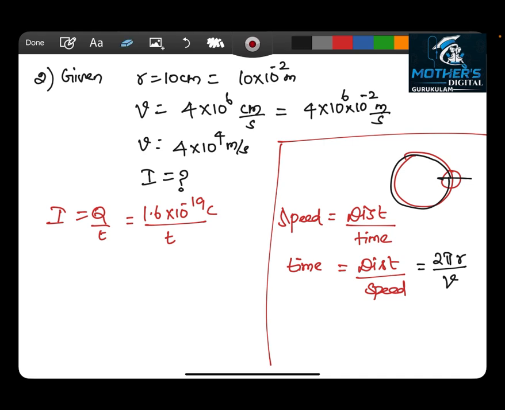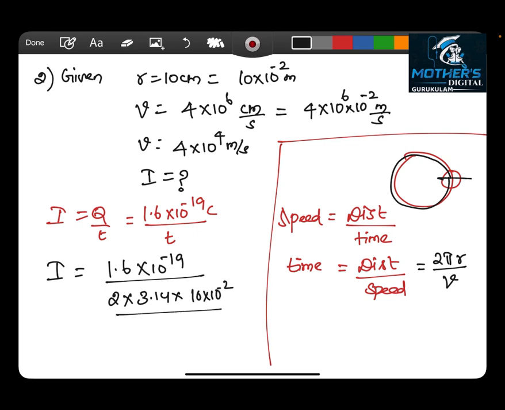So I can write I equals 1.6 into 10 power minus 19 divided by 2 into 3.14 into r value, which is 10 into 10 power minus 2, divided by speed, which is 4 into 10 power 4.